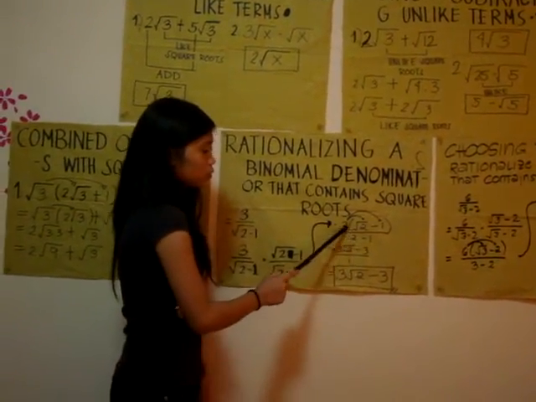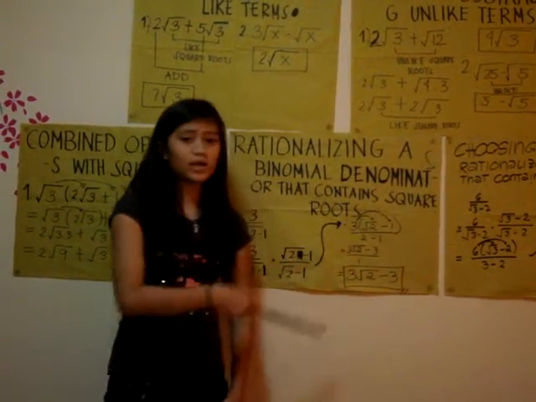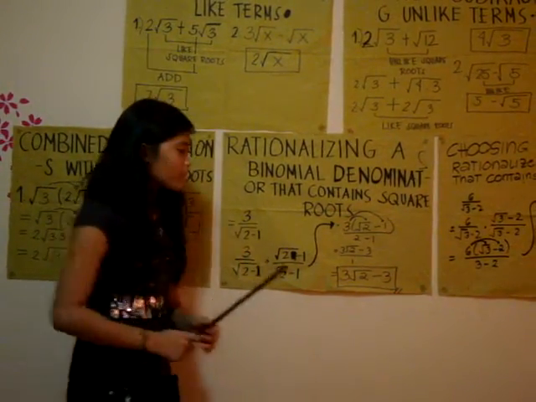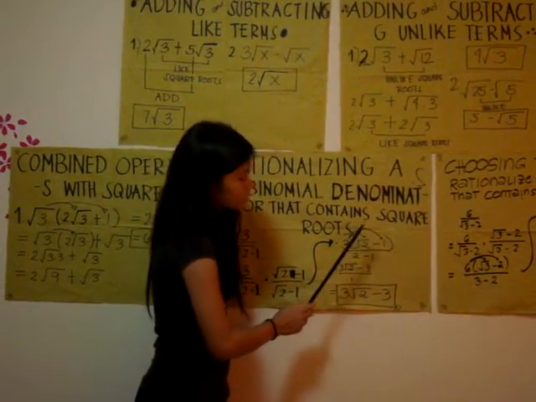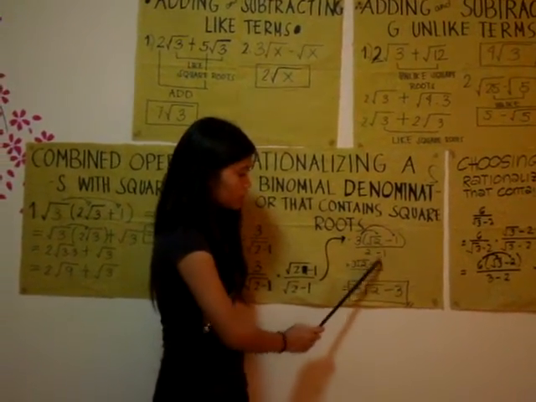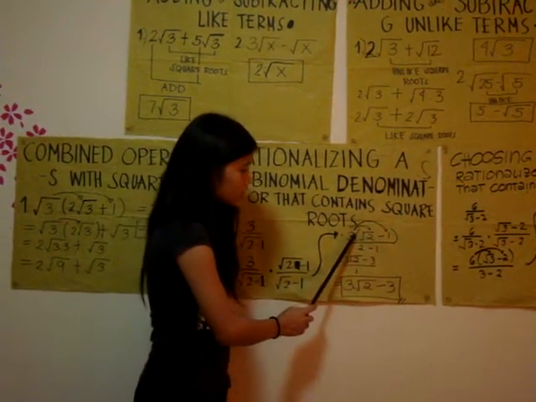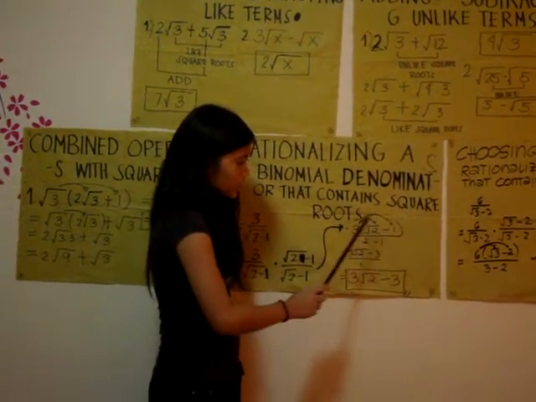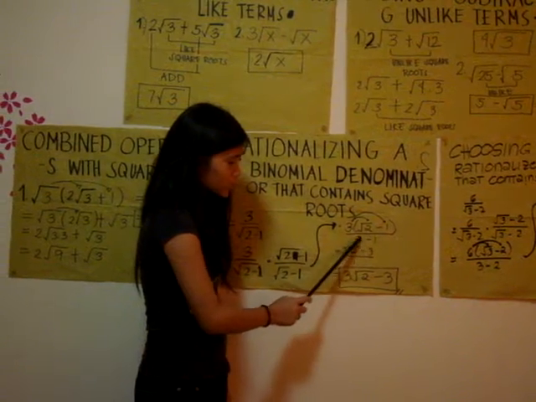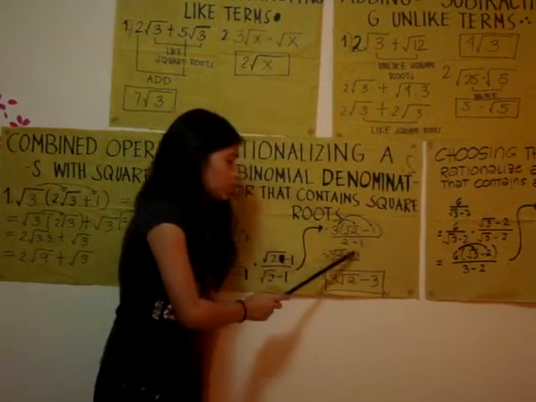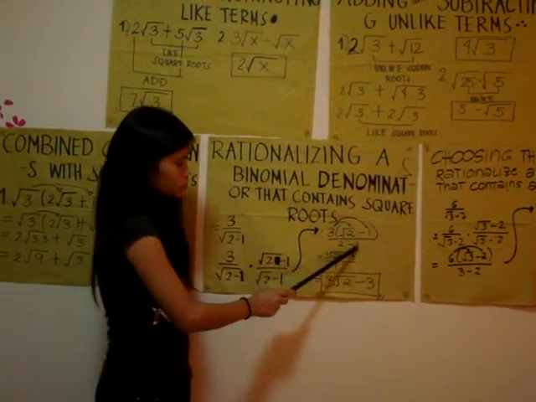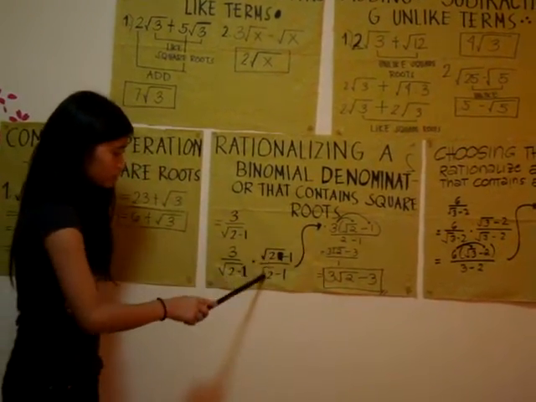You can already divide it because it is a rational number. So we need to distribute. So 3 times square root of 2 equals 3 square root of 2. And then 3 times 1 equals 3. Then you might get confused why it is 2 minus 1, where I got the 2 minus 1. It is 2 minus 1 since we cancel both because they have the same.